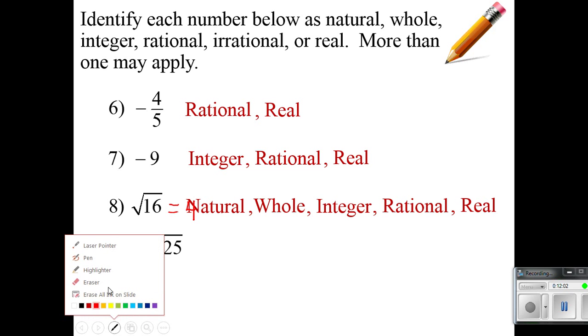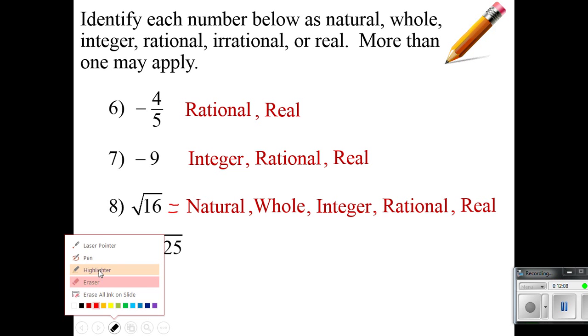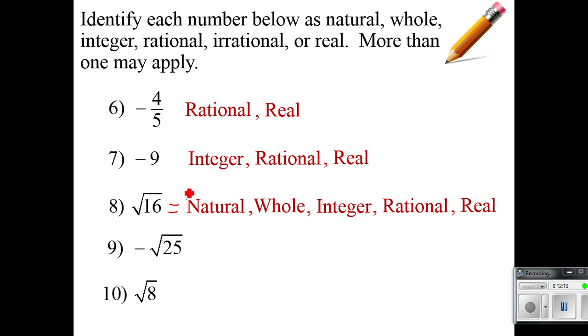I'm just going to move that 4 over so that you can see that it says natural. Okay, the negative square root of 25 is actually the -5, and negatives don't start until we talk about integers, and this is a whole number that's negative, so this would be an integer, a rational number, and a real number.